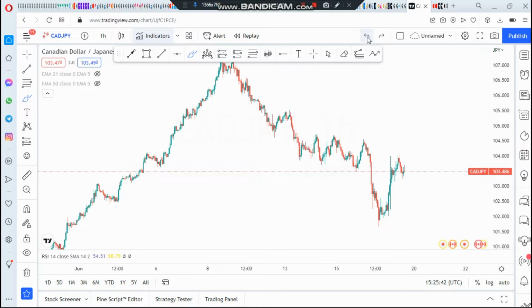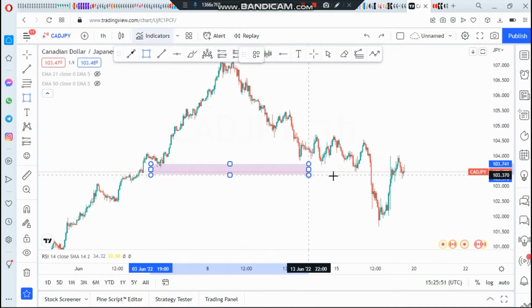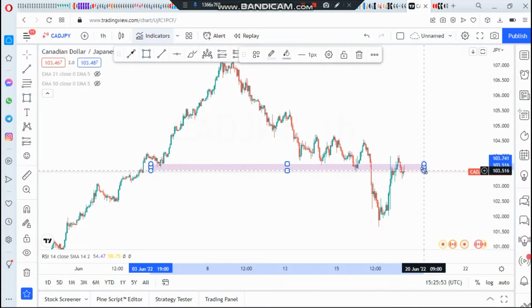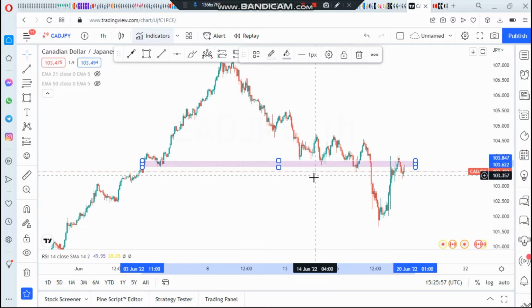What do you mean by the demand and supply zone? This is the area that has been tested many times. So I'll take this rectangle and draw my demand and supply line around here, as you can see, and I hope this is clear to you guys. So this is going to be my demand and supply line.